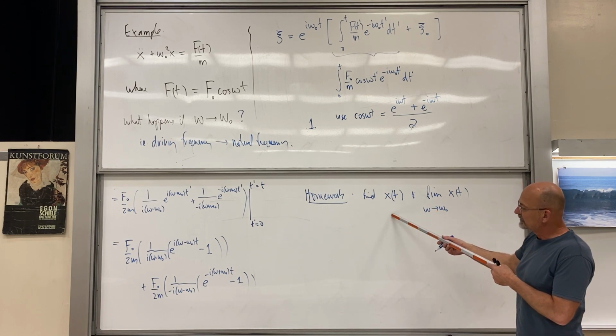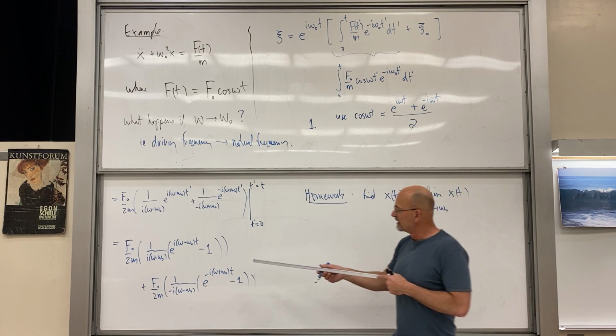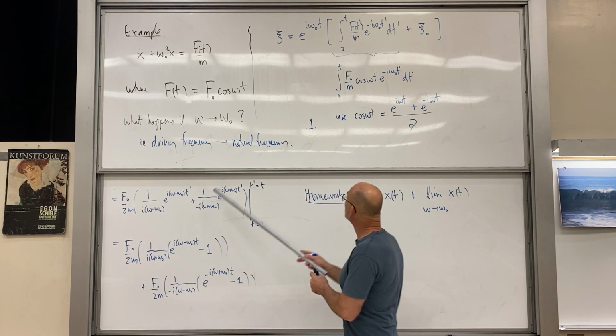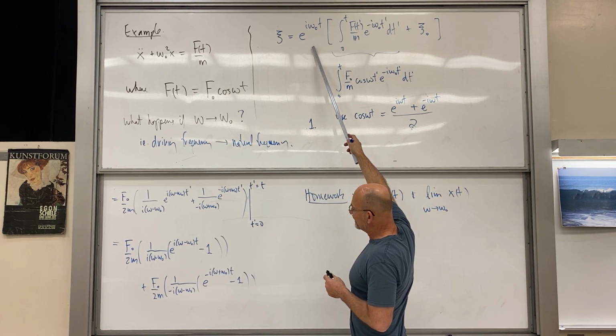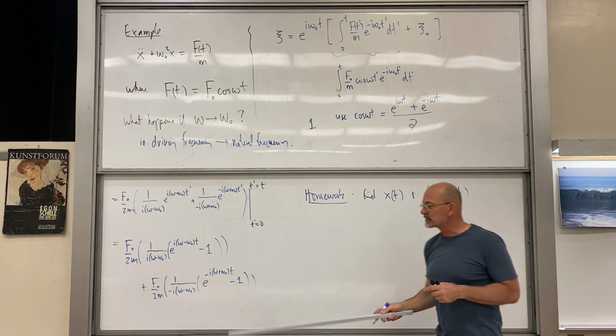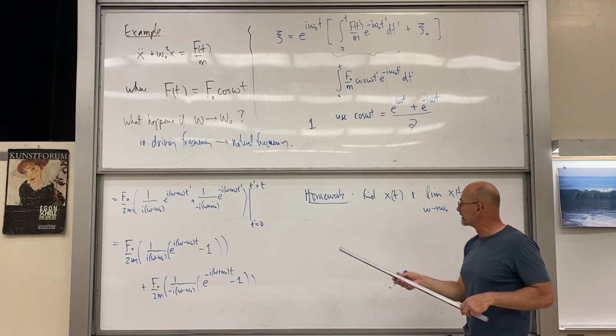So again, x of t is going to be the imaginary part of this whole thing multiplied by that. Okay, so it's just a bunch of elementary operations, but you've got to pay attention there.